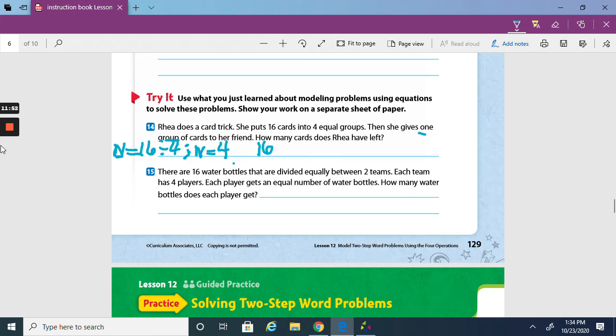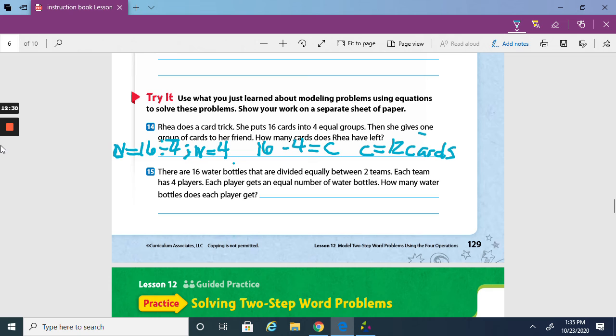So I would do 16 minus 4 because there's 4 in each group, and that's going to give me, and we'll let C represent the cards, 16 minus 4 equals C. If I have 16 and I subtract 4 from it, I'm going to get 12. So I know that after someone takes one group of Ray's cards, she has 12 cards left.